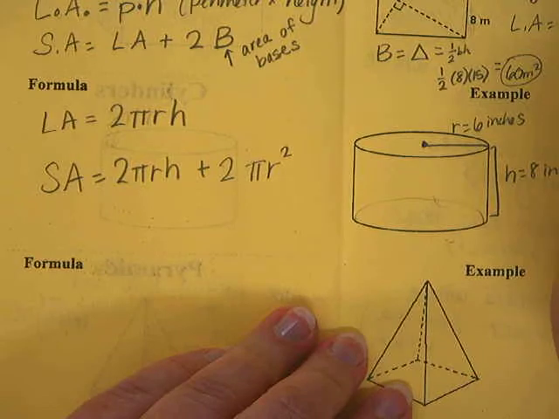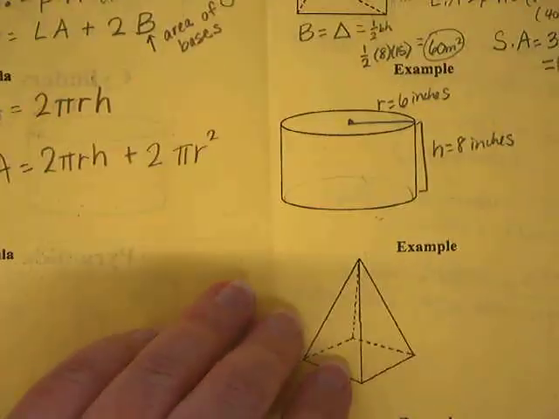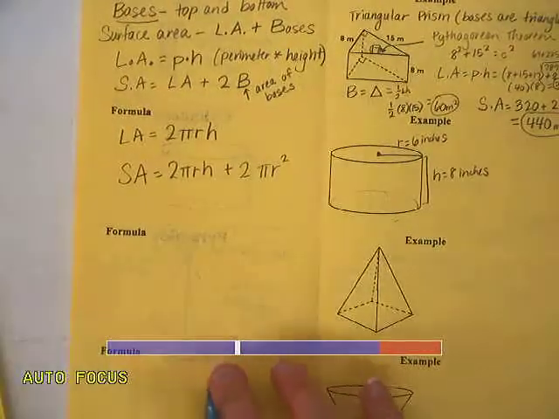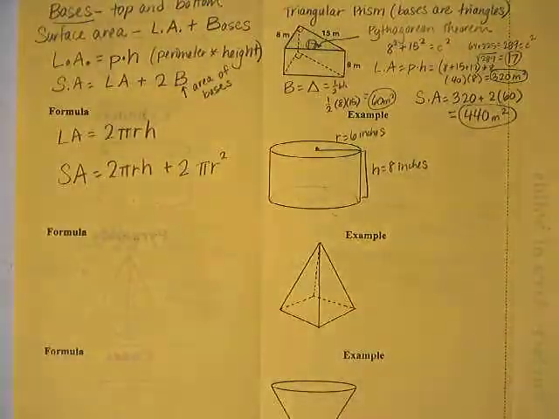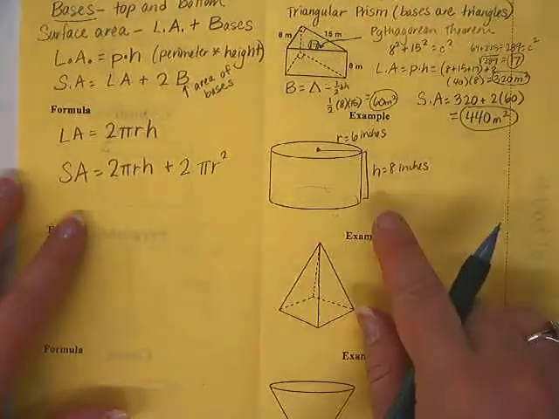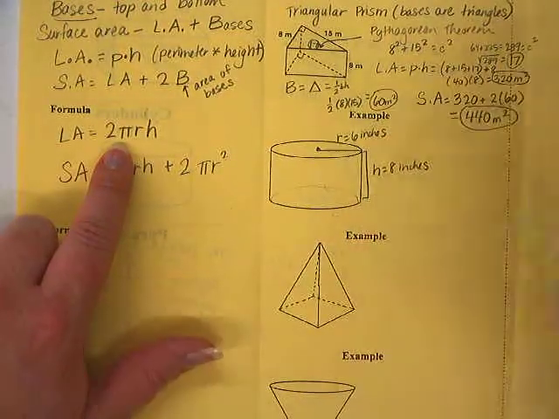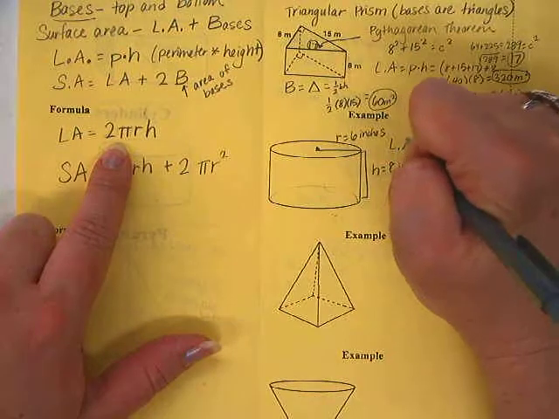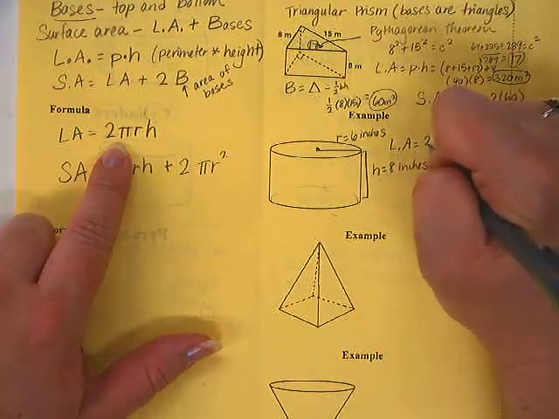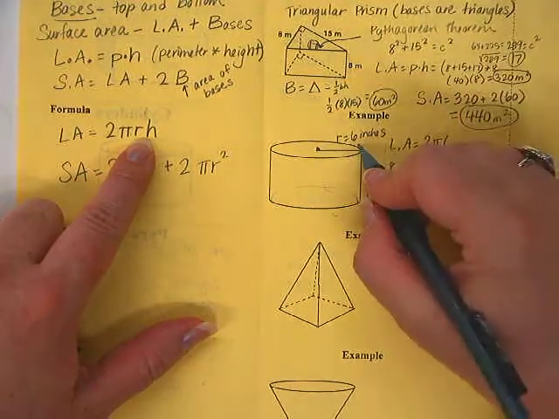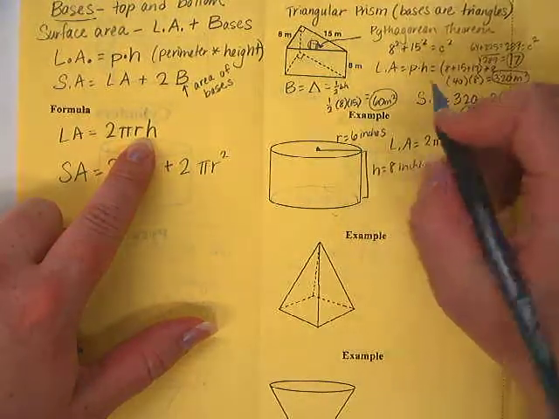Okay, let's assign our cylinder some numbers here. I'm going to say that the radius of my cylinder is 6 inches. And I'm going to say that the height of my cylinder is 8 inches. Let's go ahead and follow the formulas and find both the lateral area and the surface area of this cylinder.